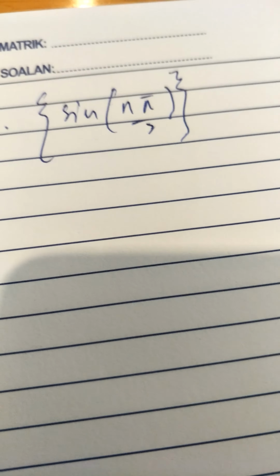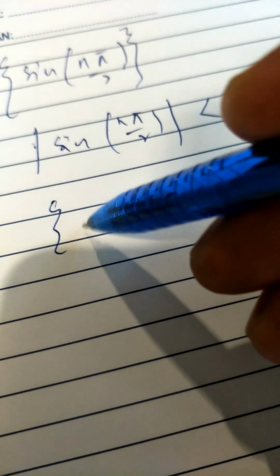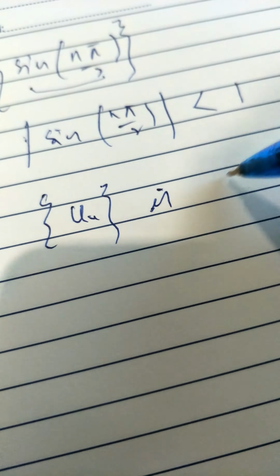You have sine of n pi over 2, that sequence. It is also obvious that it's less than 1 because sine cannot be greater than 1. So this sequence, where your un is this, is bounded.